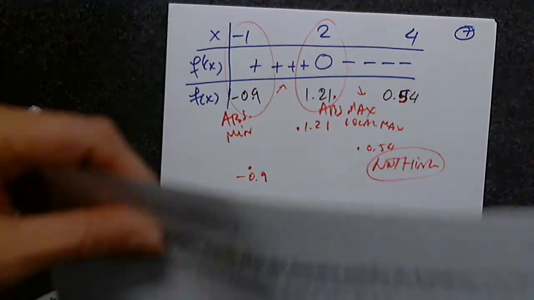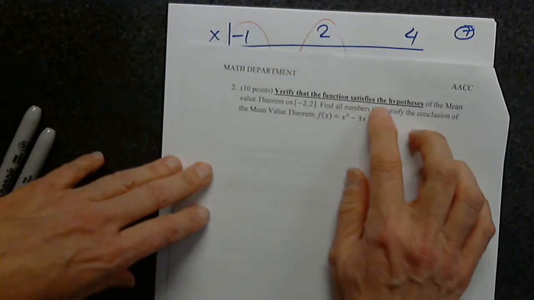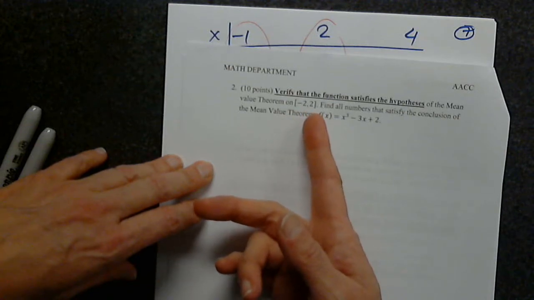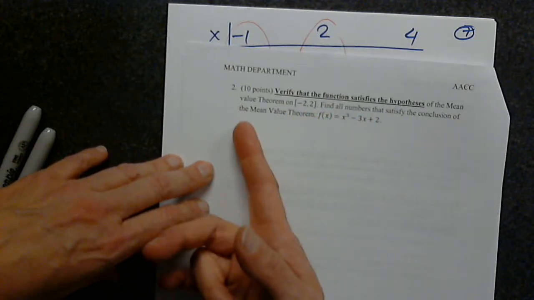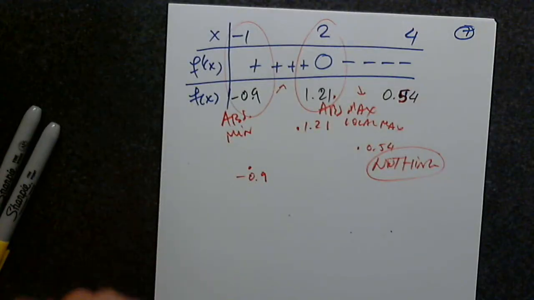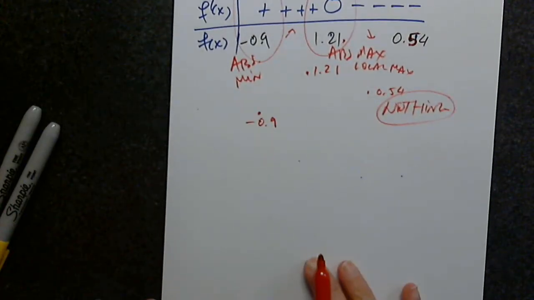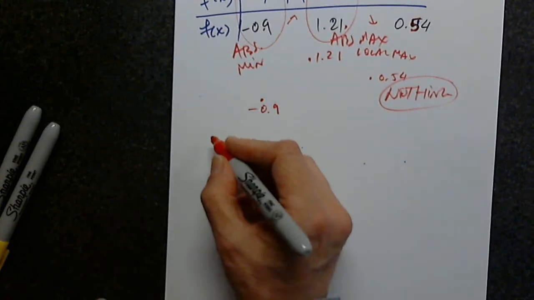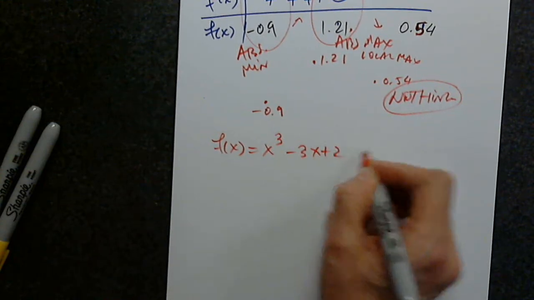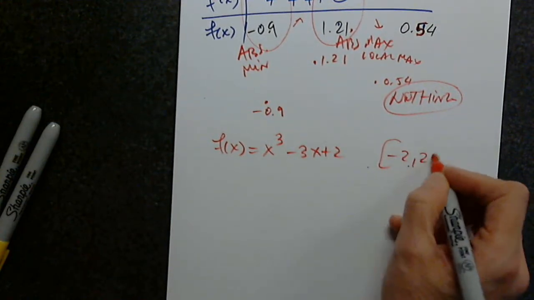Okay, let's move on. Verify that the function satisfies the hypothesis of the mean value theorem on the interval negative 2, 2. Find all numbers that satisfy the conclusion of the mean value theorem. So here's the function. Continuous and differentiable everywhere, correct? So we have f of x, which is x cubed minus 3x plus 2, and the interval is this.